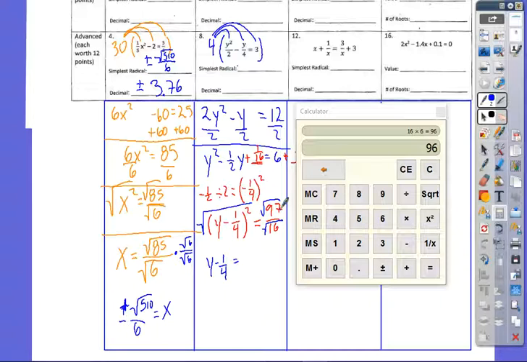No. The square root of 16 is 4. Yeah, I agree. And as Isaac pointed out, you need to have plus or minus. So what are we going to do to both sides to get the y by itself? Plus 1/4. So we're going to add 1/4 to both sides.